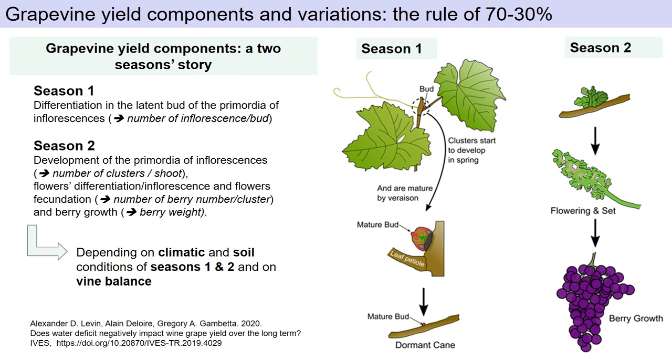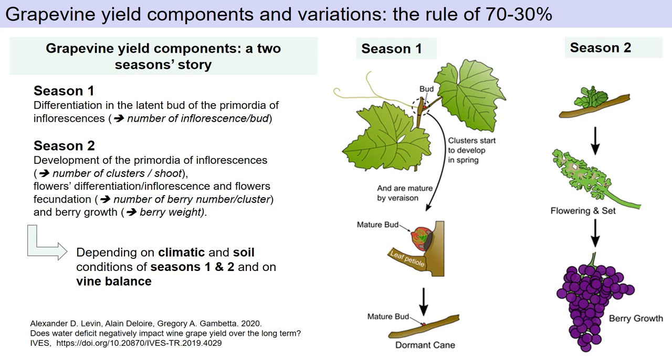Grapevine yield components, as you know, are a 2-year story. So during the first year, within the latent bud, the differentiation of what we call the primordia of inflorescences occurs. And then you have winter, you have dormancy, and dormancy needs to be released.